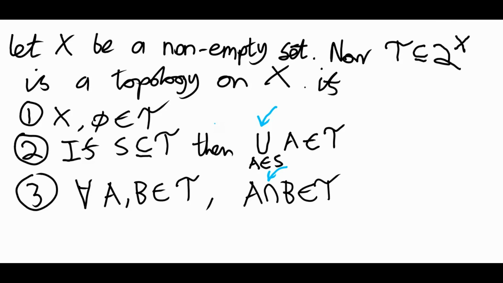So when we have all these conditions, then that means that tau here is what we call a topology. And in this case, we say that (X, tau) is a topological space.